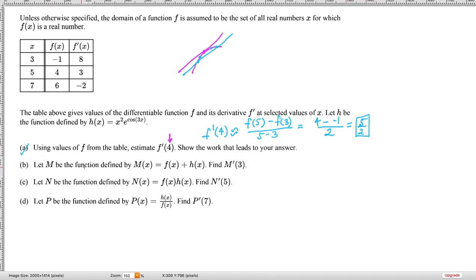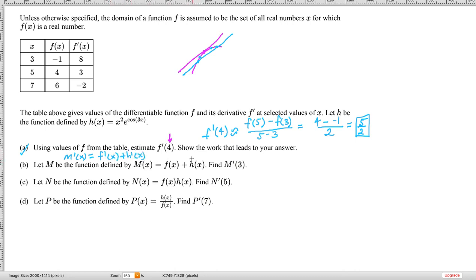Now part B. This you kind of just got to know how to get the derivative of h, and you need to know that the derivative of a sum is the sum of the derivatives. So it's just that m prime of x is equal to f prime of x plus h prime of x.